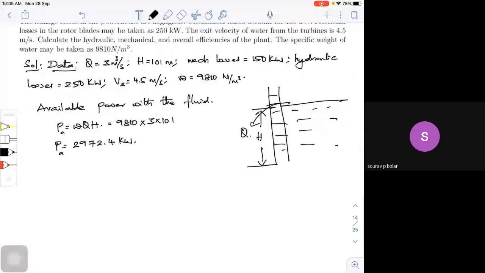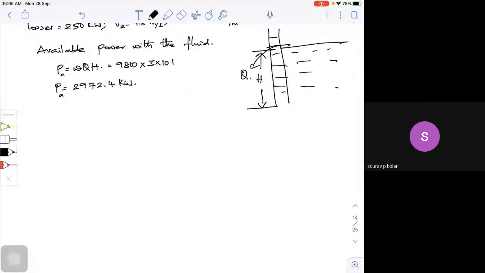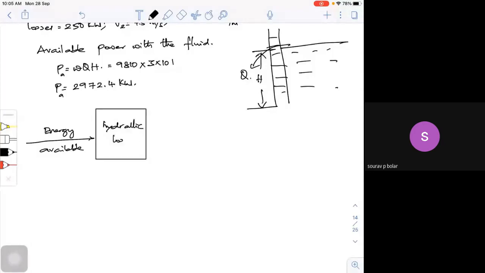See what I told actually. Maybe when I was defining something, I told that I have certain amount of energy. So this is the energy available with the fluid. Then I do have what are called losses. These are your hydraulic losses. Here comes my hydraulic losses. So what is the power available here? This is my net power. Fine.